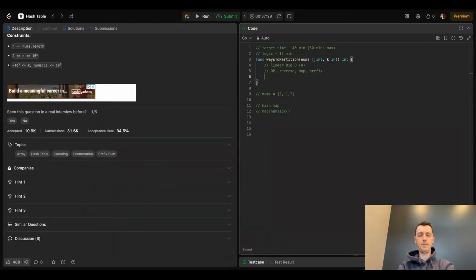But what does it allow us to do in this case?